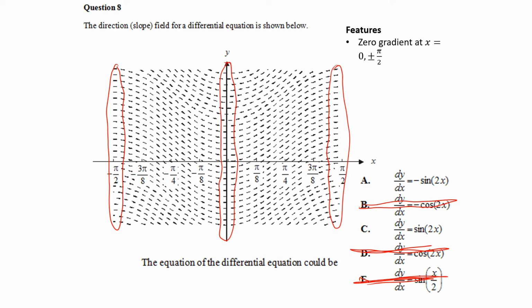So where do we go to next? All right, we look for when dy dx is positive and when dy dx is negative. So you can see in this region here, when x is greater than 0, this is all positive.